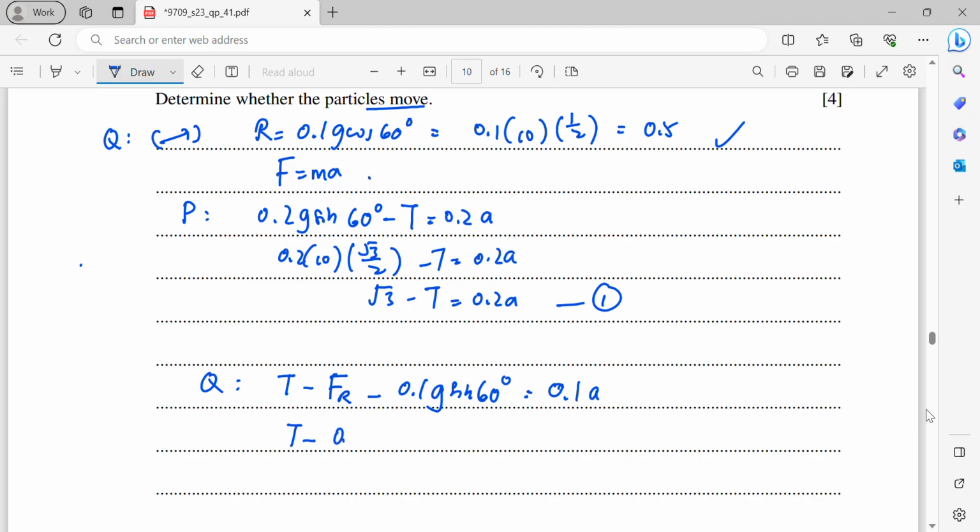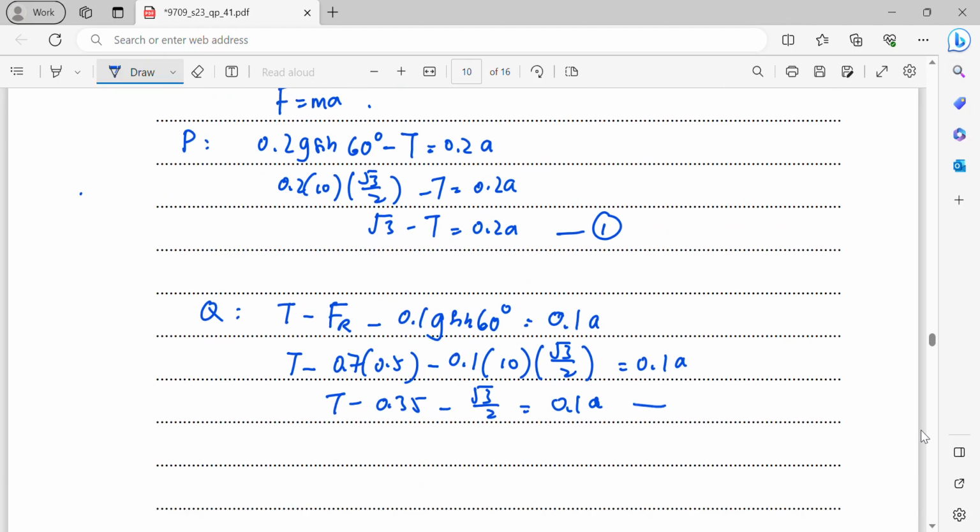So I will write 0.7 times 0.5, then minus 0.1, G is 10, the gravity acceleration, sine 60 degrees is square root 3 over 2, then equals 0.1a. So from here, T minus 0.35 minus square root 3 over 2 is 0.1a. That is my second equation.